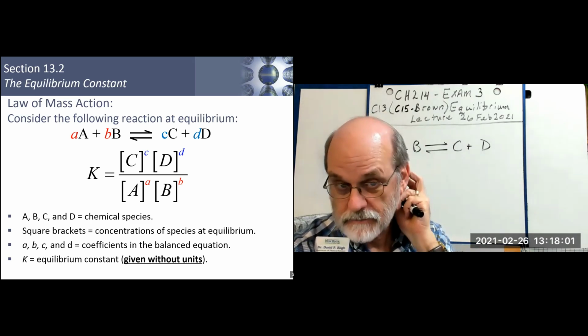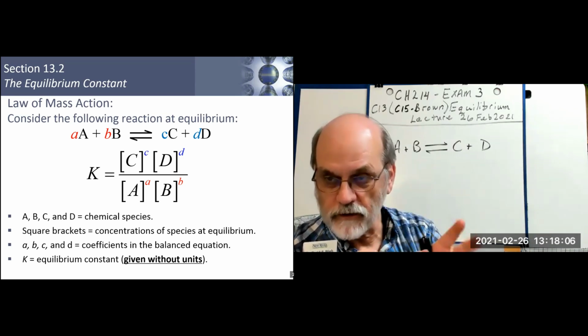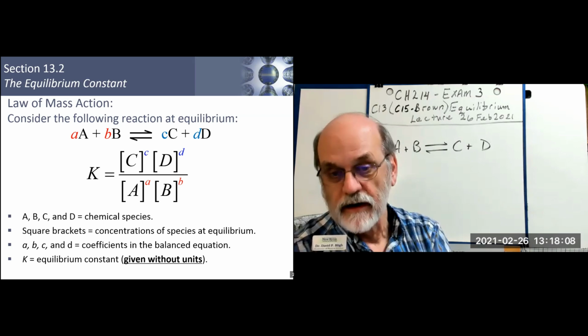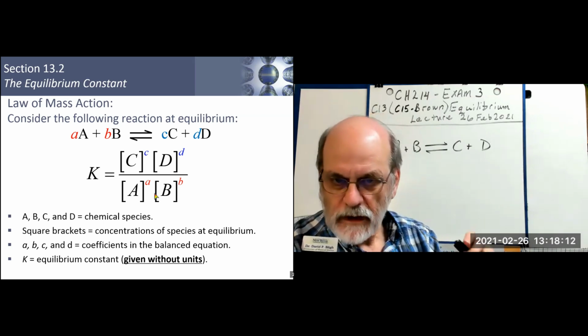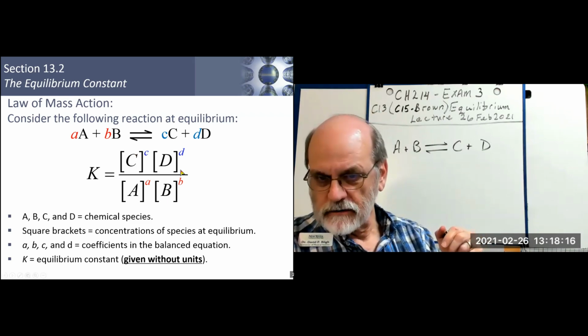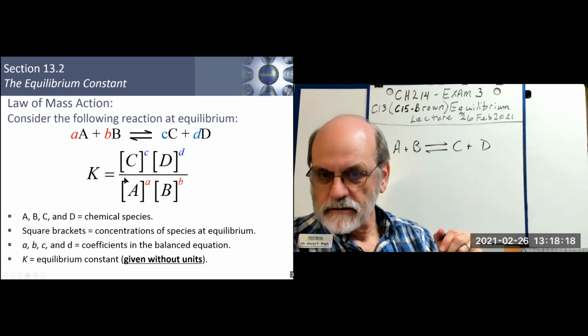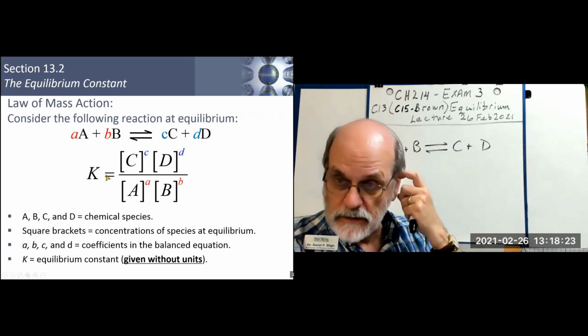You're changing the rate at which reactions occur forward and reverse, and that will change the equilibrium. So you have to maintain a constant temperature. And if you do that, then this expression, products over reactants, is equal to a constant value, a K.